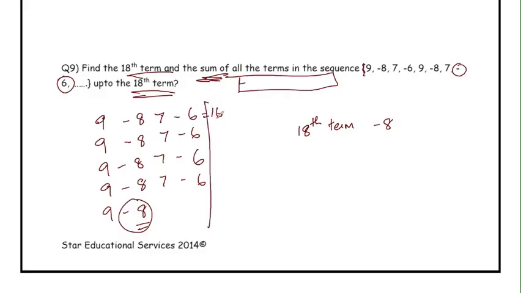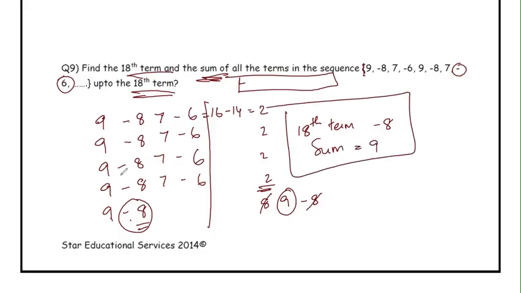And minus 8 and minus 6 is minus 14. So I have 2, 2, 2, 2, 8, 8, and then adding these two, 8, 9, and then minus 8. So my sum is 9 up to the 18th term. That's the sum. Easy peasy.